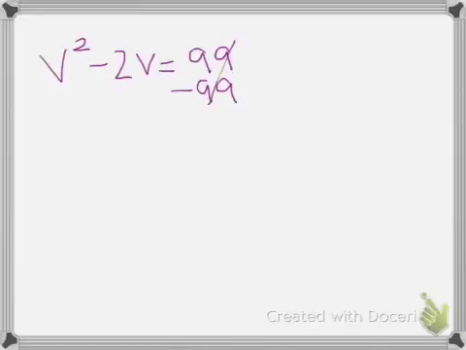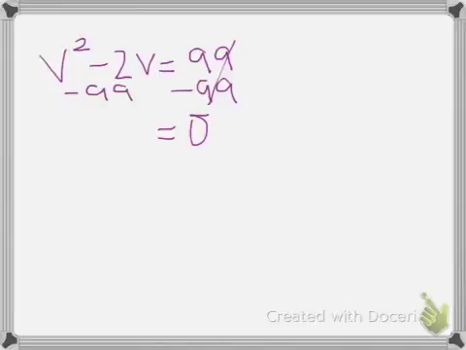Right, let's try one more just to make sure we really understand what we're doing. For this particular problem, we need to set it equal to 0. So we bring this over.